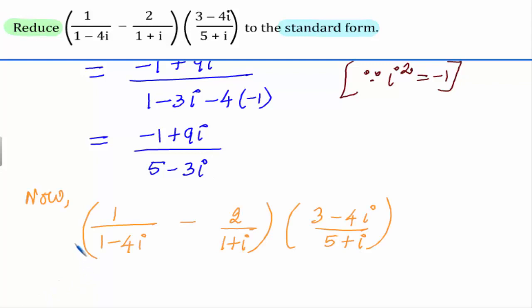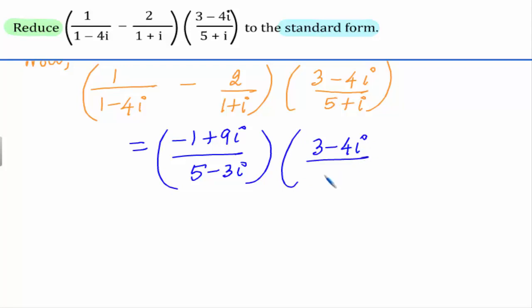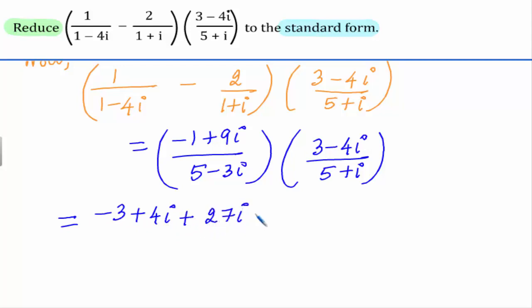Now, we can write the given complex expression as (minus 1 plus 9i) upon (5 minus 3i) multiplied by (3 minus 4i) divided by (5 plus i). This will be equal to minus 3 plus 4i plus 27i minus 36i square.